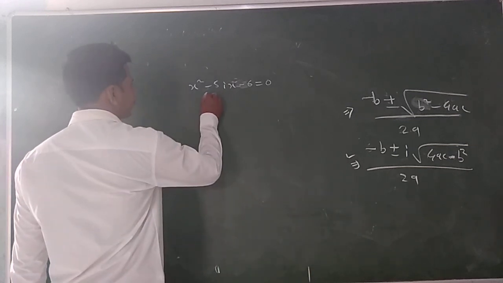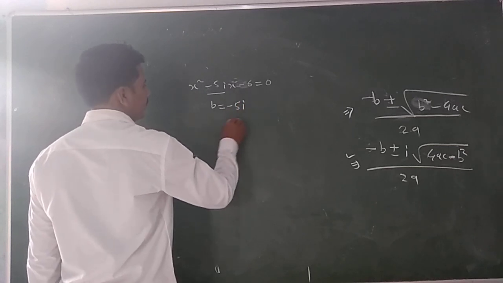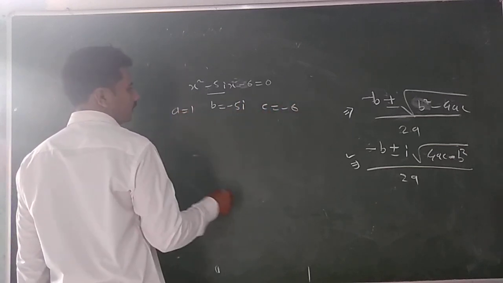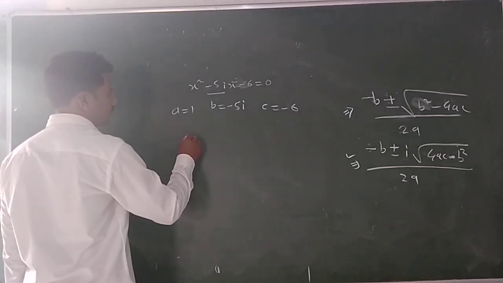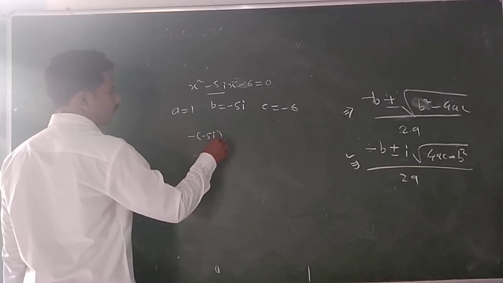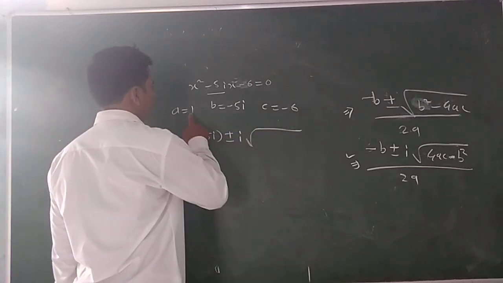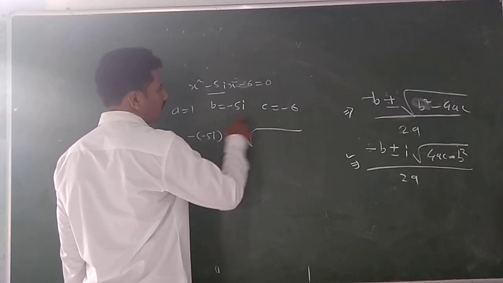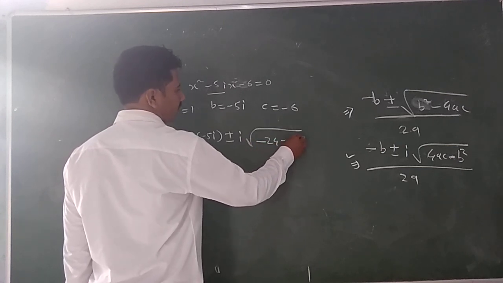What is b? This is b. b is equal to minus 5i, c is equal to minus 6 and a is equal to 1. So what is the formula? Minus b is minus into minus 5i, plus minus i under root 4 into a, 4 into 1, 4 into 6, that is 24, minus b square.